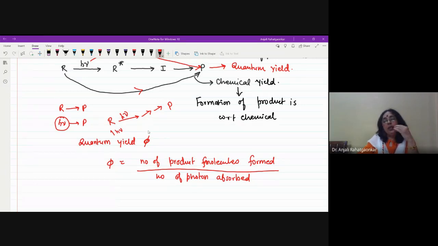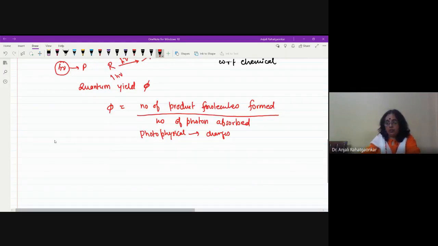Why? Because another process always takes place in the photochemical reaction, and that is nothing but the photophysical changes. So though it absorbs some amount of energy, that doesn't mean it can convert the complete reactants into the product.